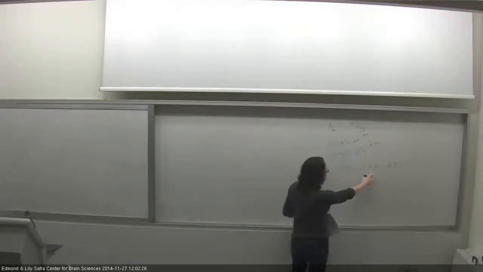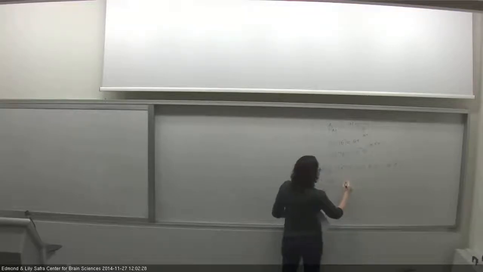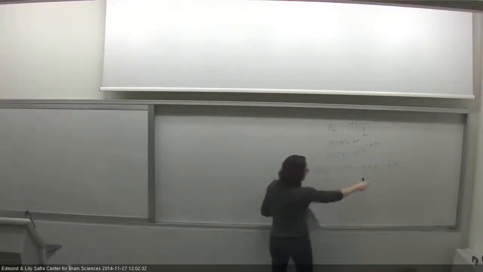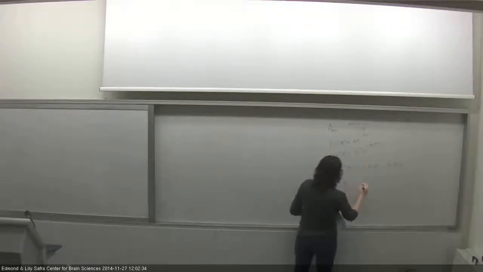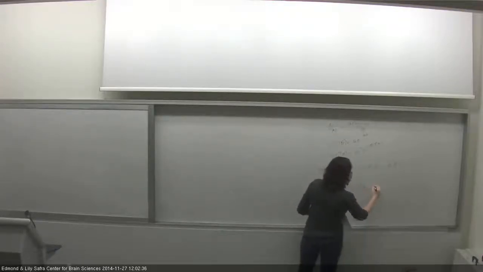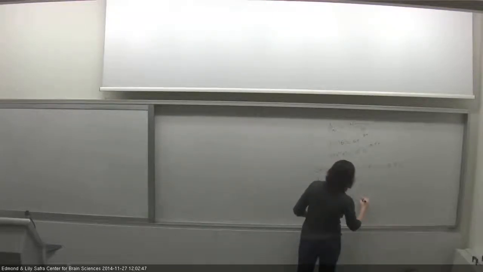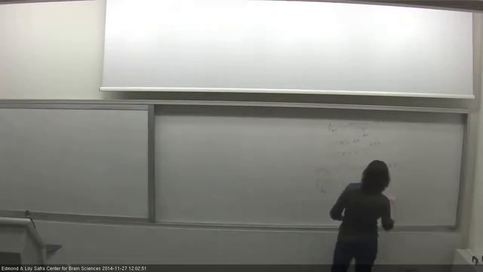So deriving the log would give us n over theta, and deriving this term would give us just the sum. Equating it to 0, we get that the estimator is n over the sum, which is exactly like writing 1 over the empirical mean.